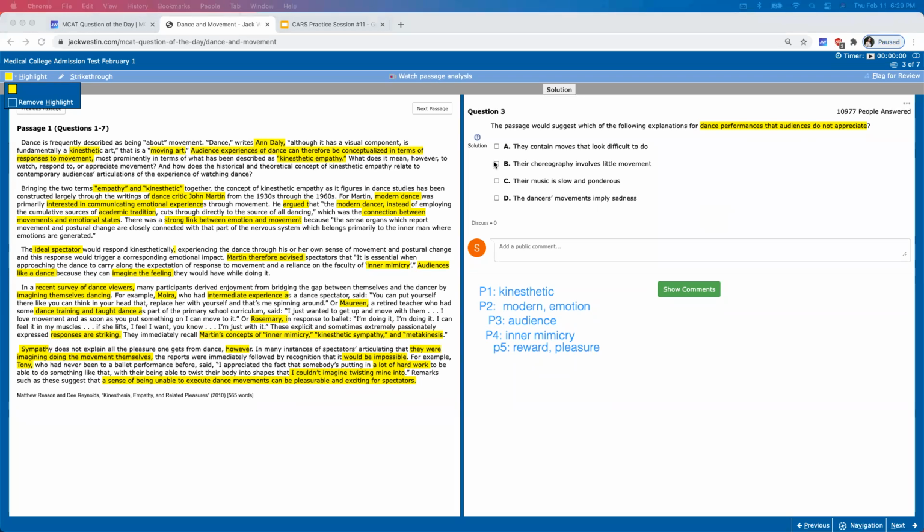So B is probably the best answer. It's not difficulty, since it is mentioned in the last paragraph that they still appreciate it, which goes against that idea. We didn't really talk about the beat of the music or emotional sadness that would make them appreciate it. So just by elimination, B would be the best answer.